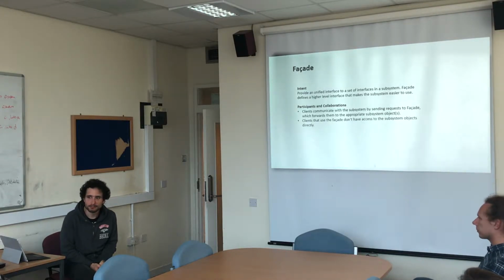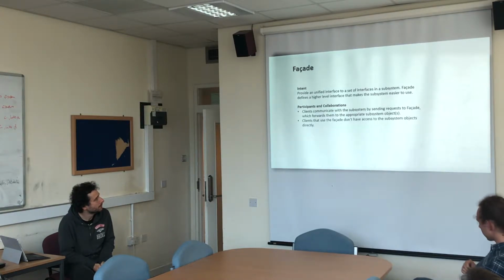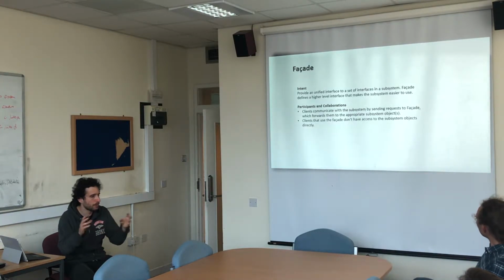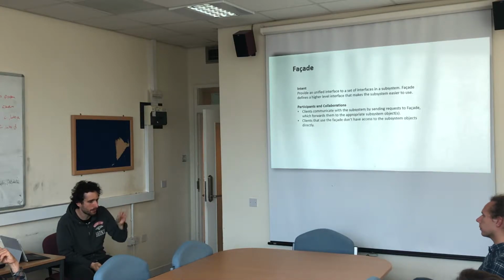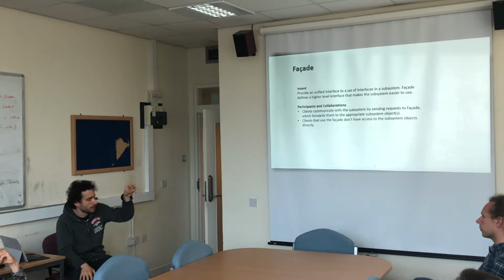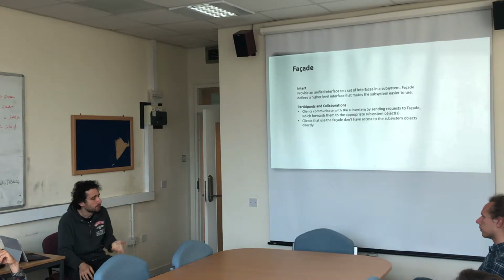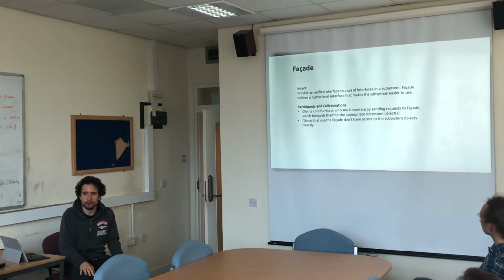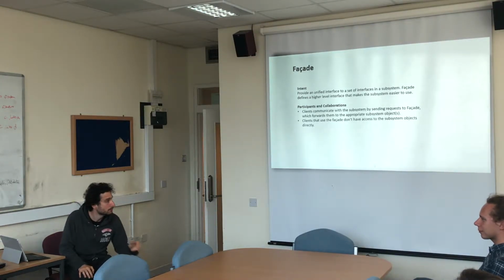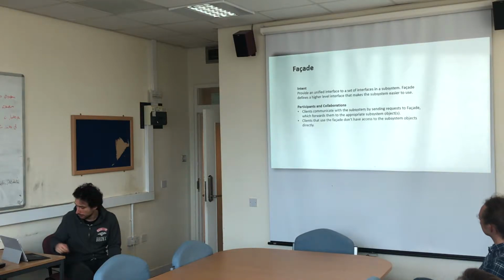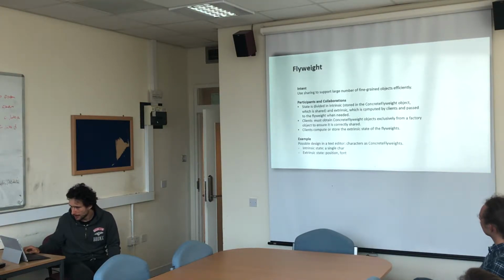Possibly worth knowing the terminology, but basically, when you have a very complicated subsystem and you want to show just some elements or a simplified interface to that subsystem, you create a facade. I don't know if there's anything more clever associated with that. I think we can move on.